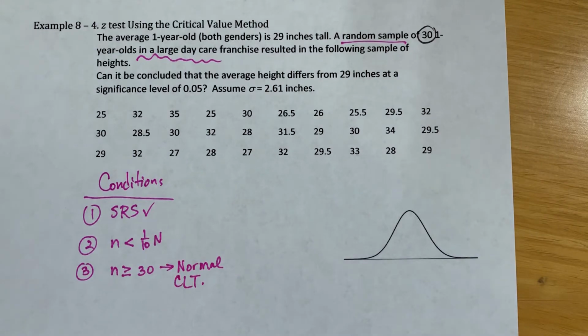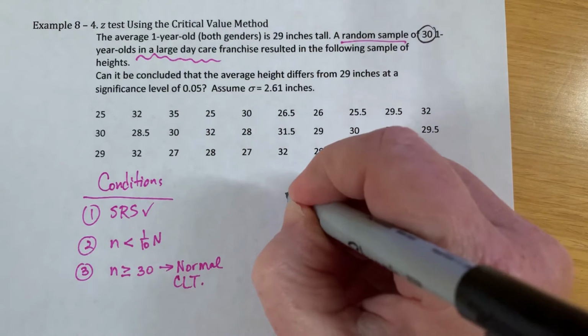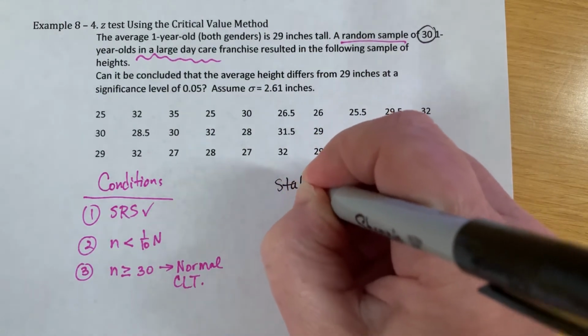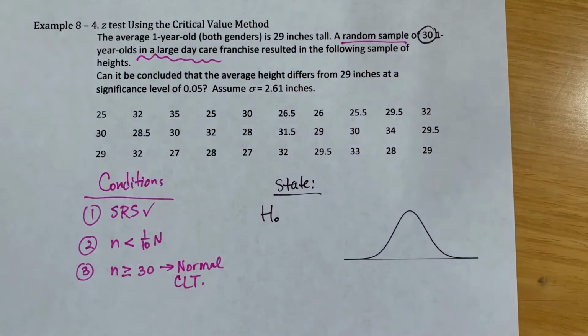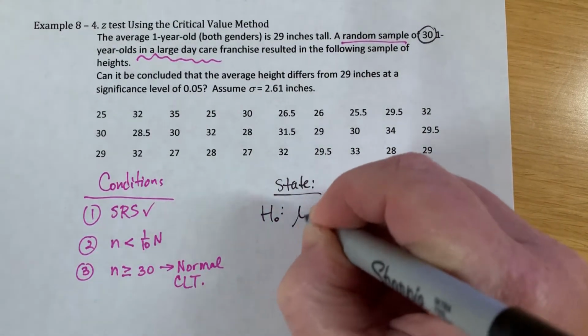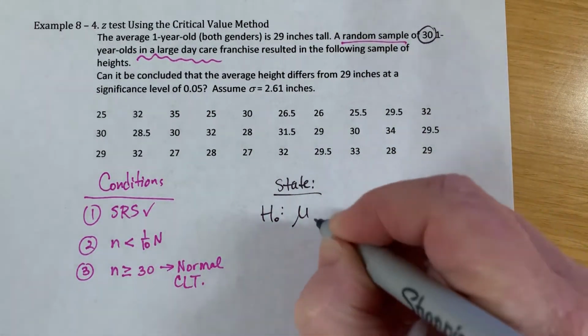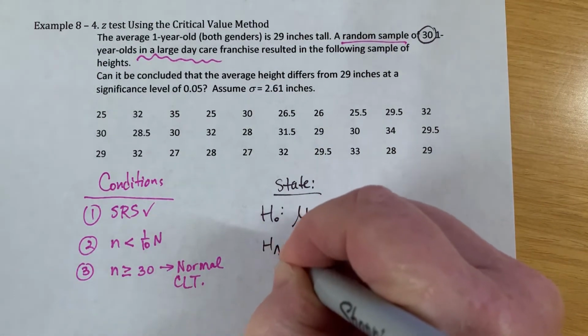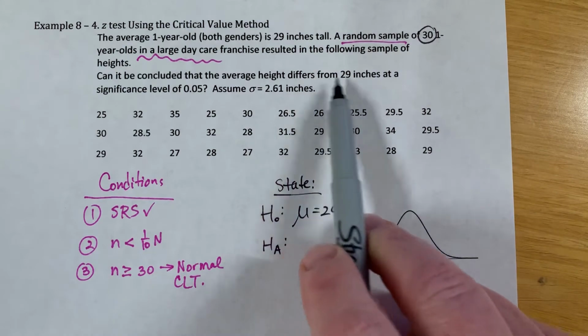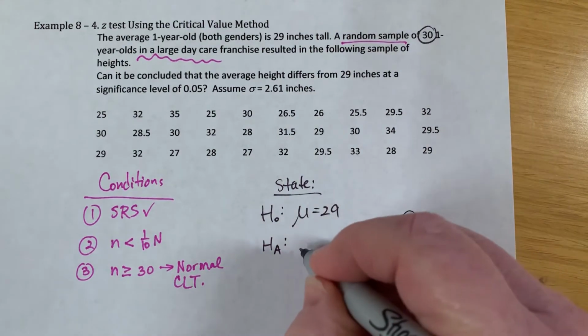Okay, so now I want to state my null. And remember, the null is going to be just the status quo. So my null, or H naught, over here is just going to be that the mean is no different. It's exactly 29 inches. Now my alternative over here says, does it differ? Here is a suspicion.